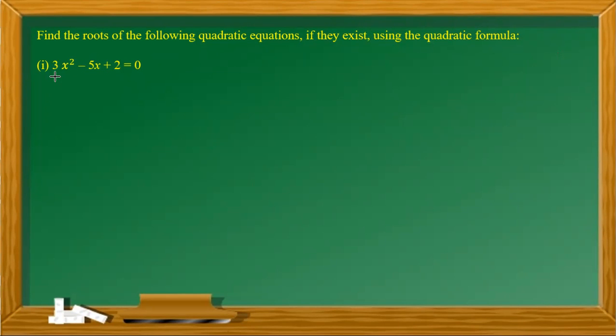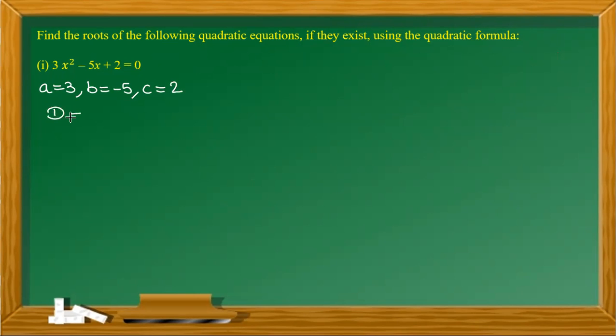Now the given equation is 3x squared minus 5x plus 2 equal to 0. Here a is equal to 3, b is equal to minus 5 and c is equal to 2.